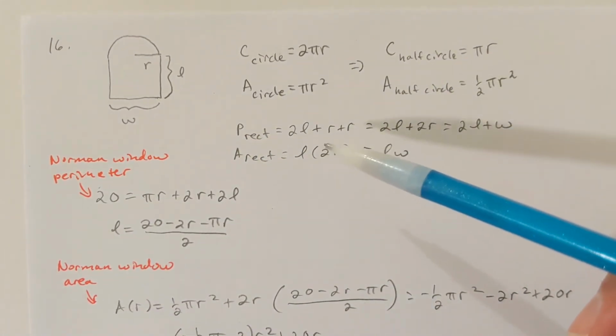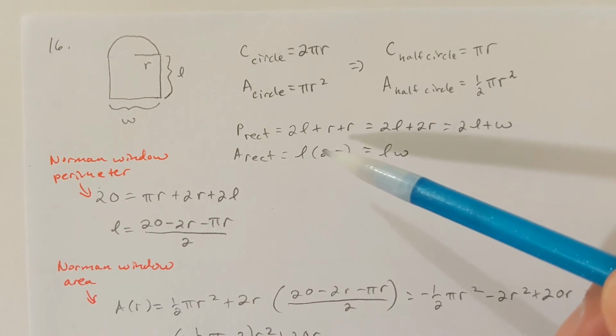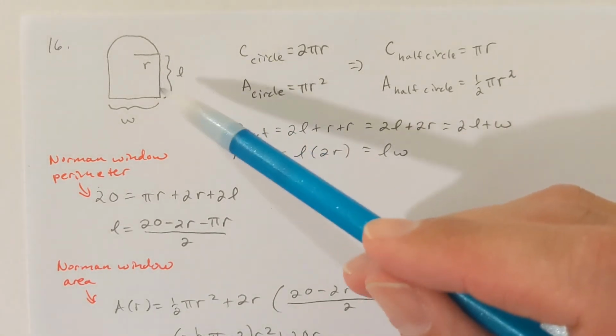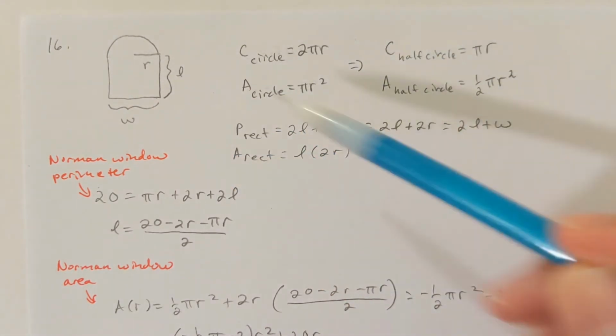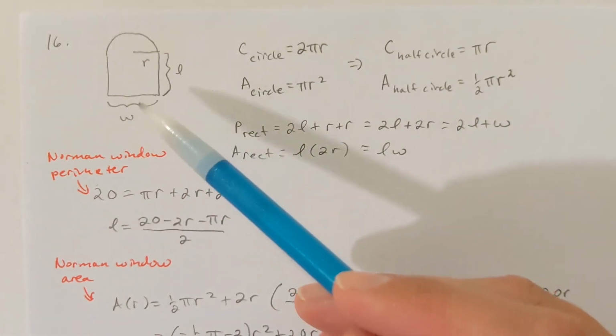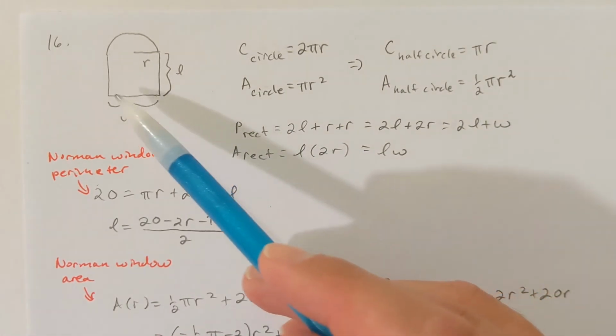The perimeter of the rectangle is 2L. Here's 2L plus R plus another R. Okay.